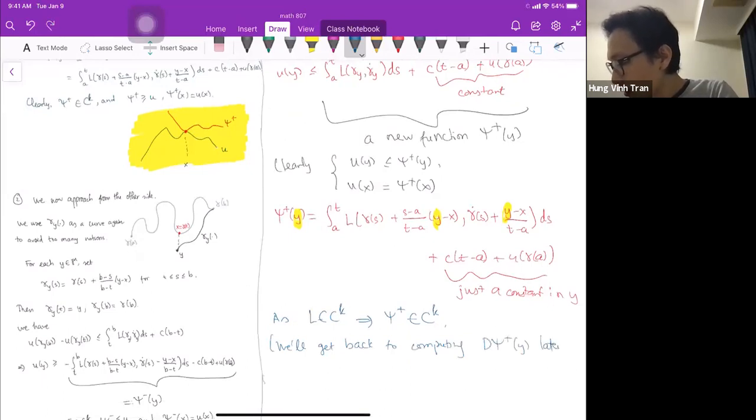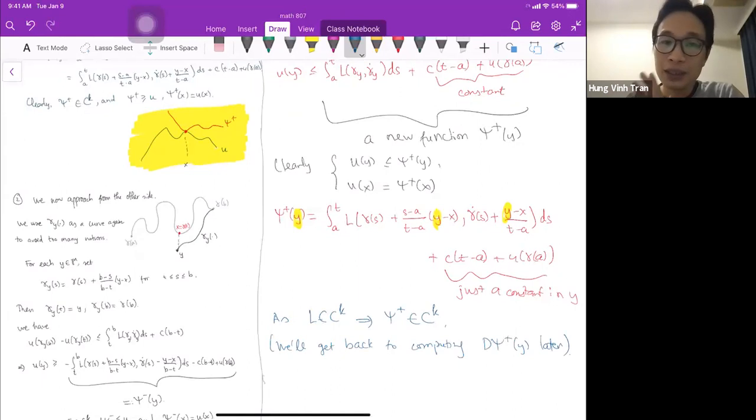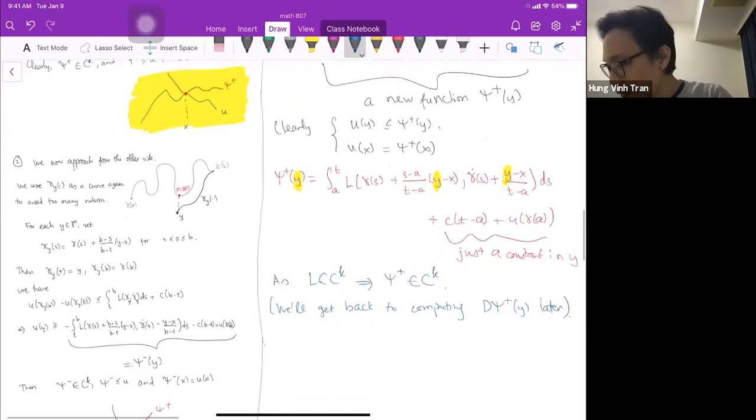It turns out that in this proof I'm being lazy, so I don't even need to compute the gradient of C plus of y. I'm just using the fact that u is a Lipschitz function. Geometrically, u might have corners like this, just a zigzag function.